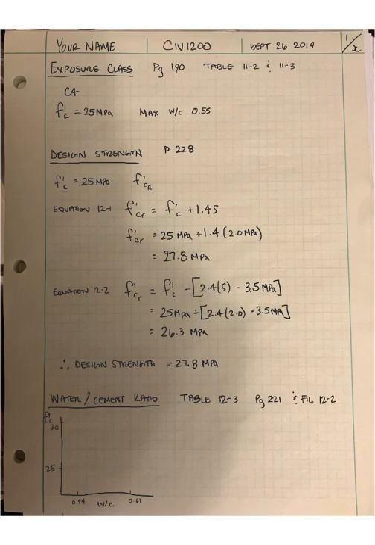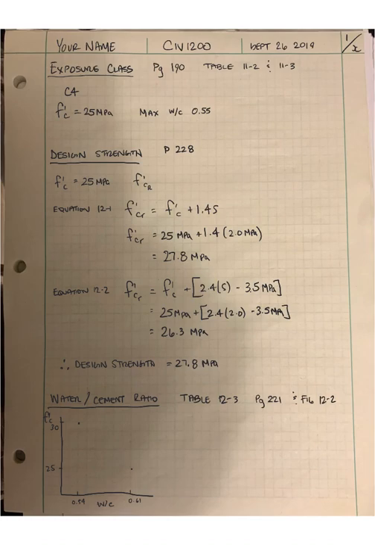Okay, we see two values, right? So if we look at the chart to find the actual values of these, we're going to have a point at the 30 strength at the 0.54 water to cement ratio, and at 25 MPa strength, it's going to be a 0.61 ratio.